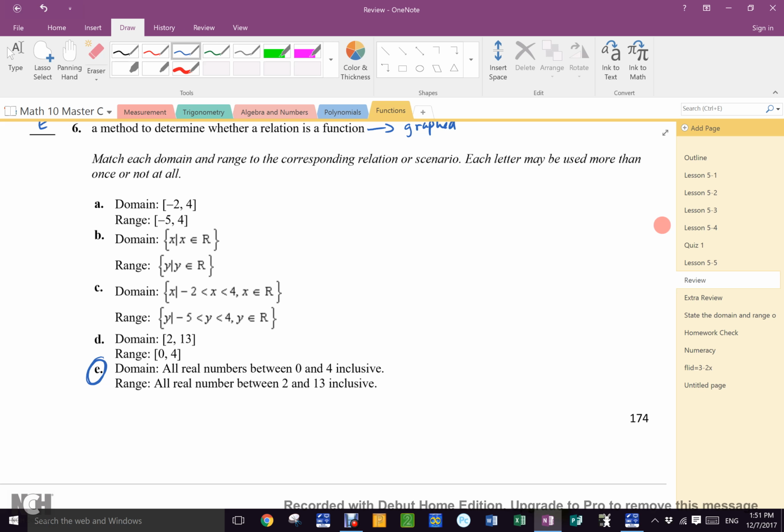Look closely. There's a big E right there. What do you see there? That says less than. Does it say equal to? No. What does that bracket mean?